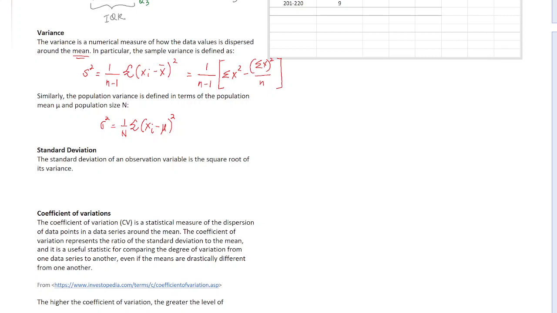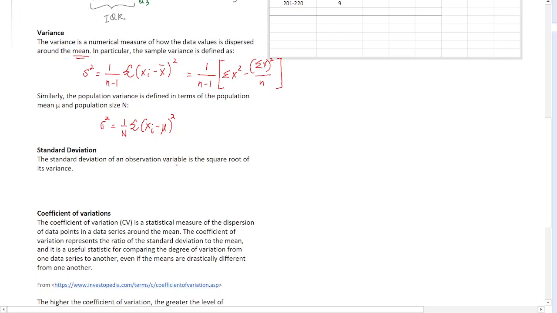All right, so those are the formulas for the variance. Later on we're going to see how we can apply these formulas, but before that, let's see what is meant by standard deviation. So what is standard deviation? Standard deviation is simply the square root of the variance.